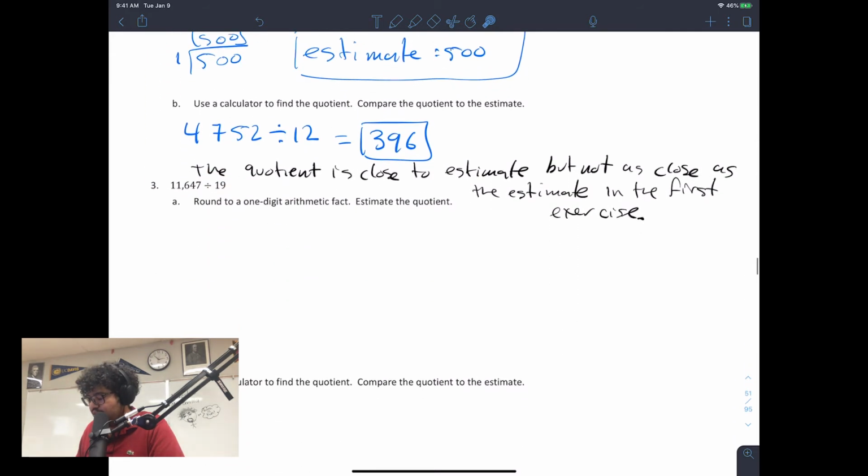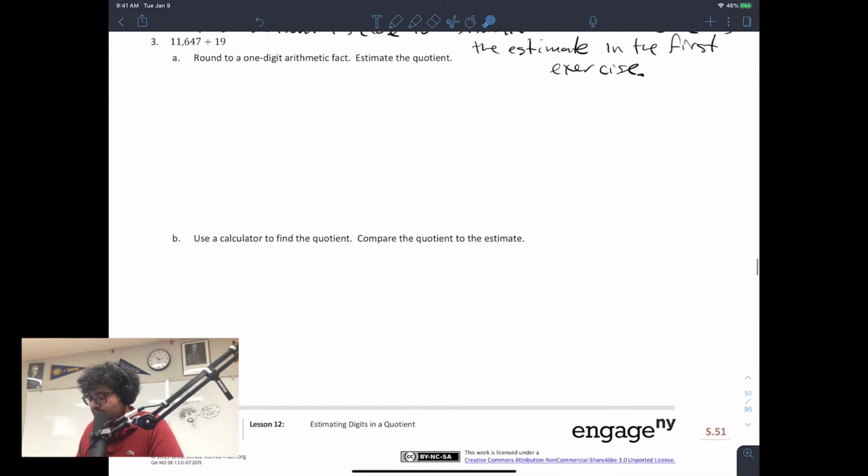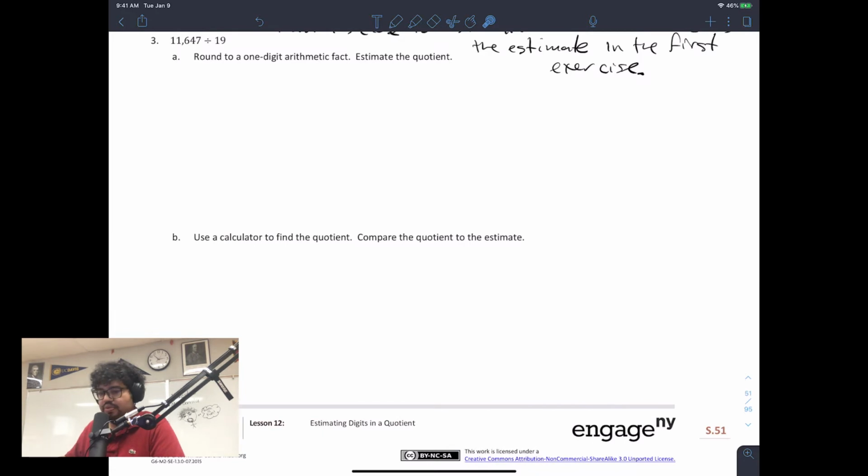Okay. So let's move on to number 3. Round to 1 digit arithmetic fact, estimate the quotient. Okay, so we've got 11,647. And this is going to be divided by 19.